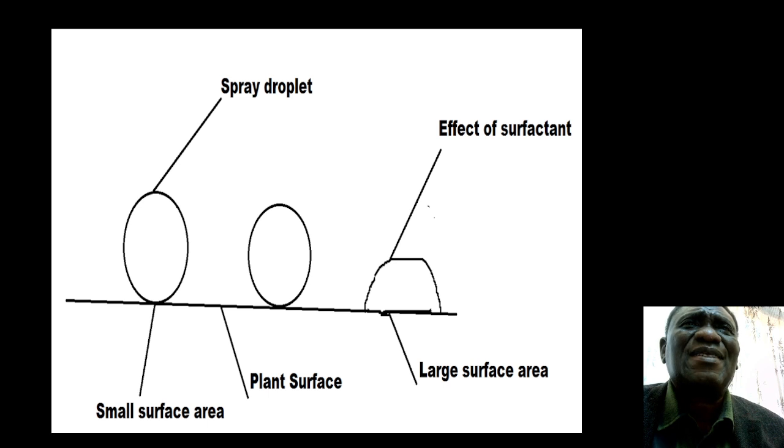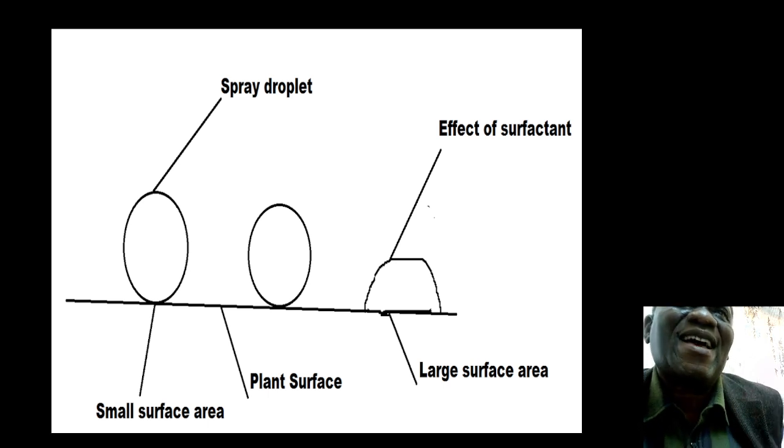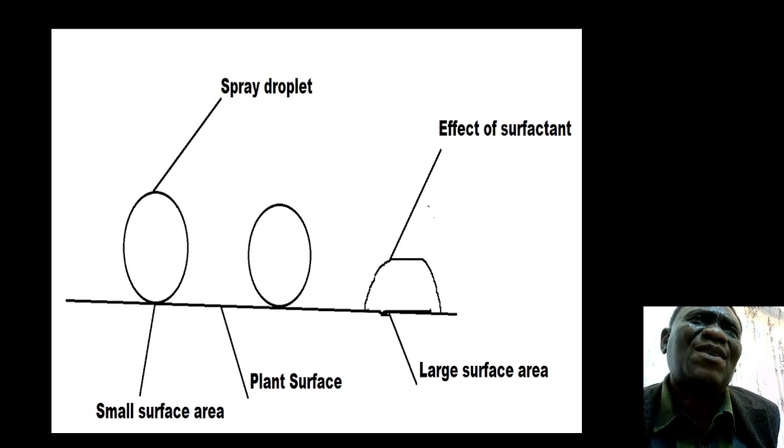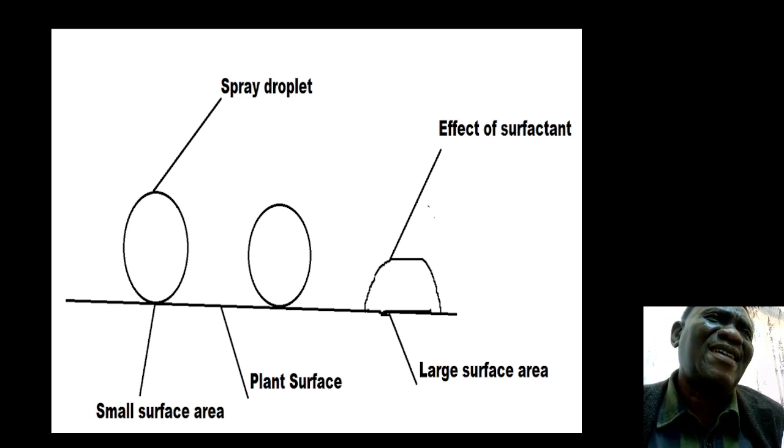But sometimes we put in surfactants so that the droplet is stationary. It cannot easily move, and this can allow the herbicide to enter the plant. We'll talk about this issue.